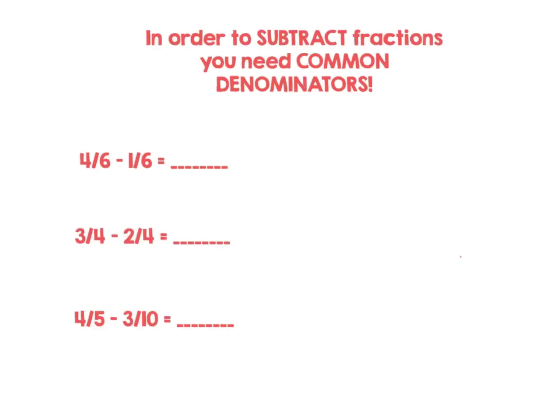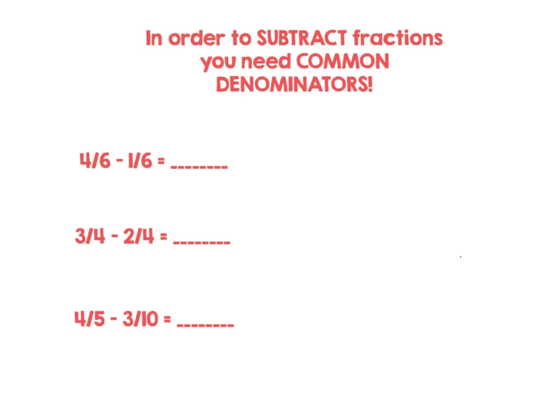We know that addition and subtraction are inverse operations. So it makes sense that if I need common denominators to add, I also need common denominators to subtract. So when my denominators are the same, when I have common denominators, life is easy peasy lemon squeezy. 4/6 minus 1/6.